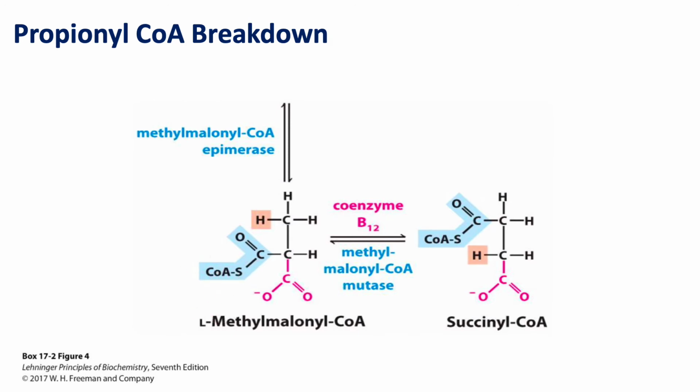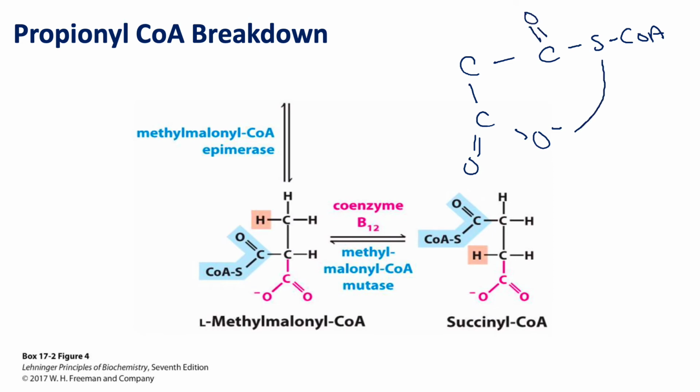And we saw in D-methylmalonyl-CoA that there was this COO minus group, which looks like this. So what happened is that the coenzyme A that was over here is given to this oxygen over here.